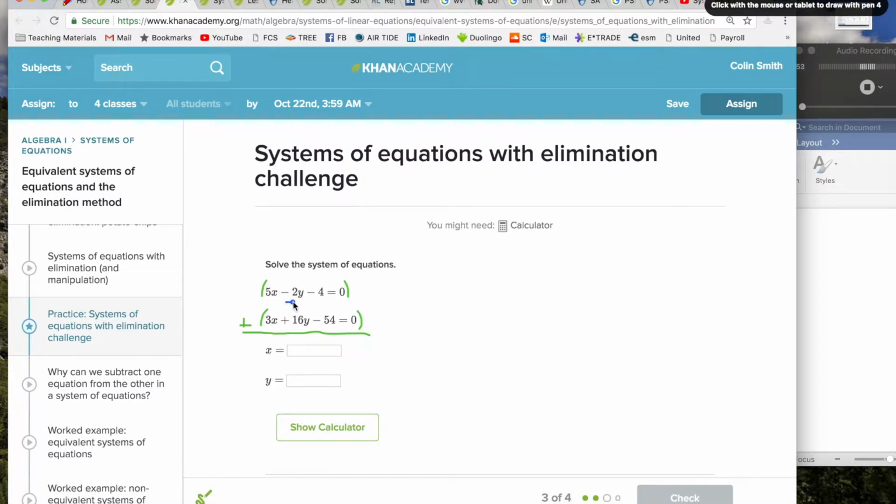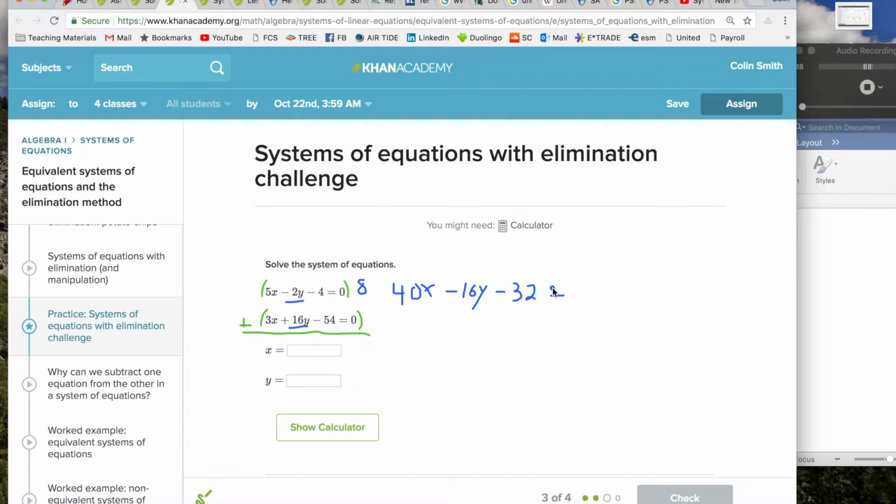Now, what we're going to notice about this given problem is that we've got negative 2y and positive 16y. So all we have to do is multiply this top equation by 8, and that's going to give us 40 in the x category, negative 16 in the y category, and minus 32 in the numbers category, if you will.